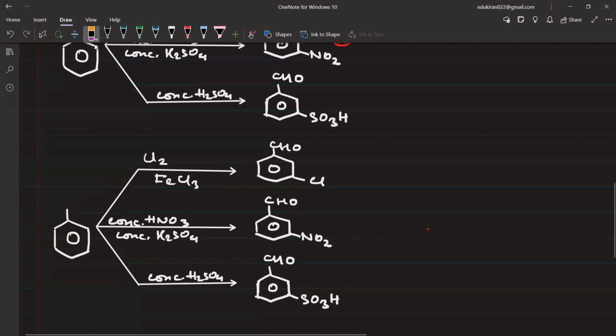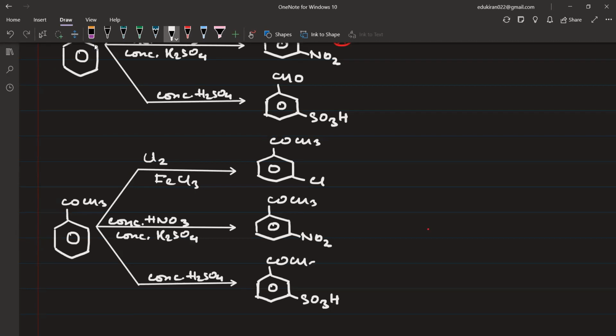Instead of CHO, you will have COCH3. This is benzaldehyde. This is acetophenone.